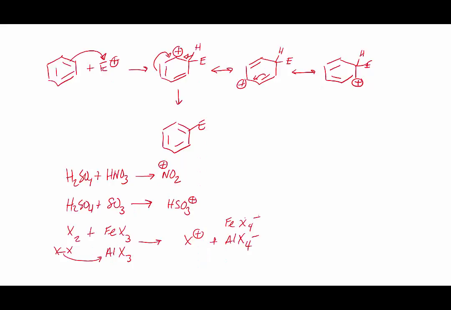So the iron pulls the bromine or chlorine apart. And now that X plus, that Br plus, that Cl plus can now do what? Add to the ring.